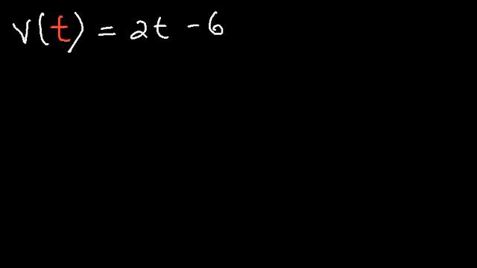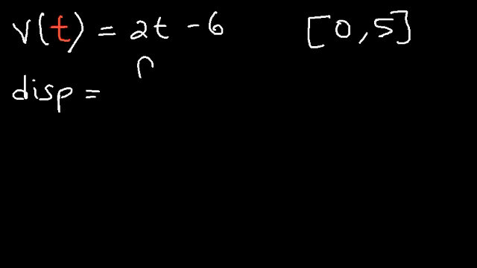Now let's say if you're given the velocity function. Let's say it's 2t minus 6. And you want to find the displacement and the total distance traveled by a particle represented by this function, let's say from 0 to 5. How can we do it? Well, if you wish to find the displacement given velocity, simply integrate the velocity function from a to b.